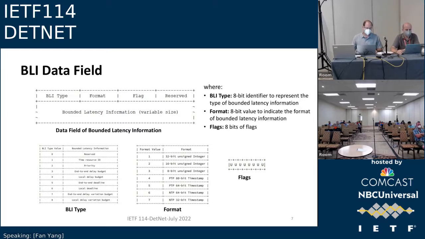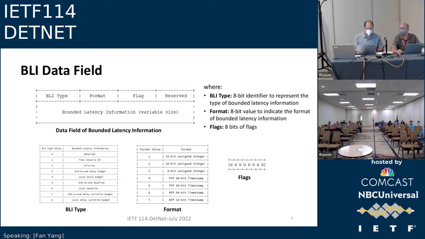The format indicates both the format and the length of the bounded latency information. And for the flag, currently we don't have any definition for this flag. It is reserved for future study, I think.